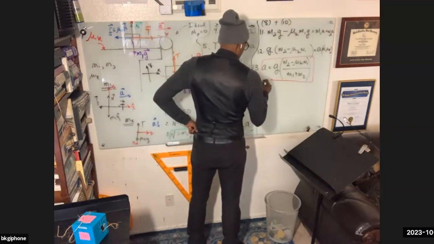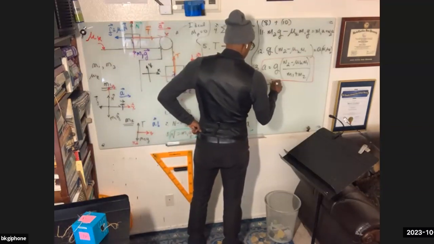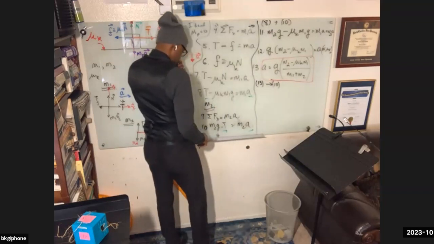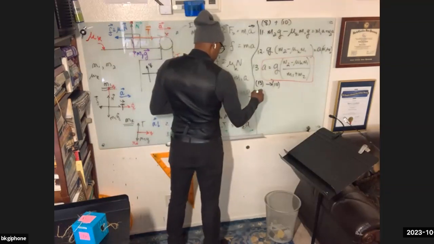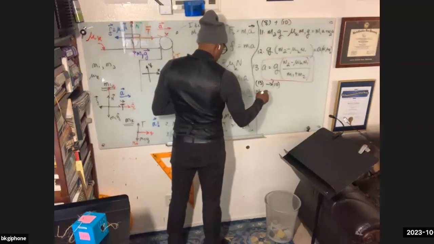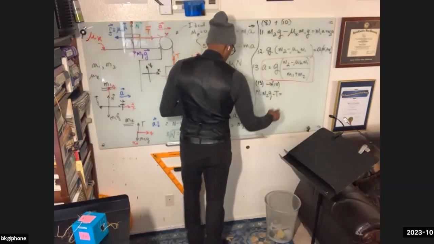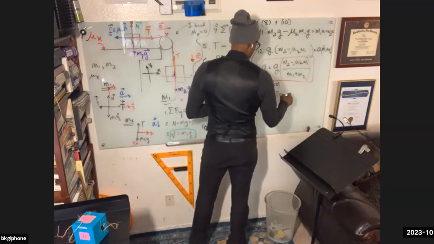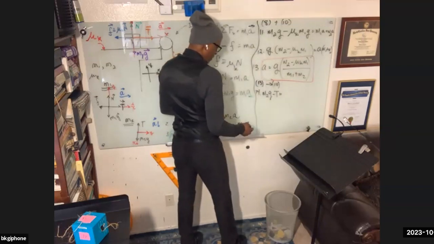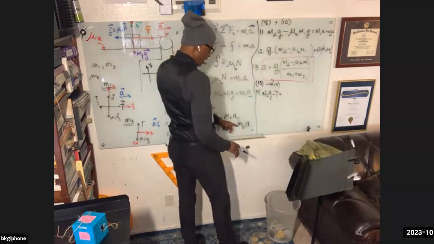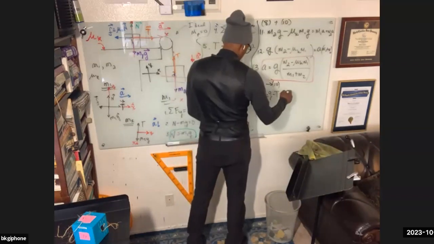So 13 into 10. So we're going to have M2G minus T equals, and I'm tempted to do this in steps, but I won't. I'll just put it in and then we'll multiply.